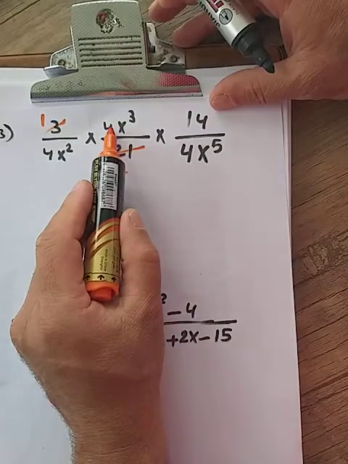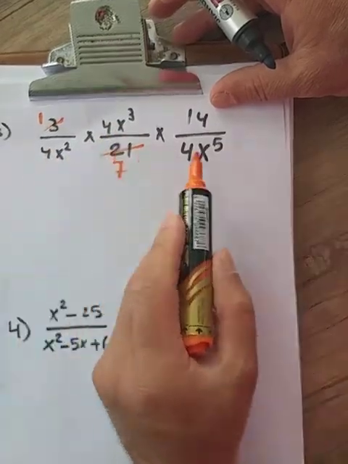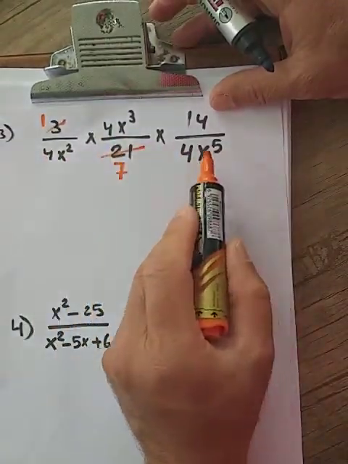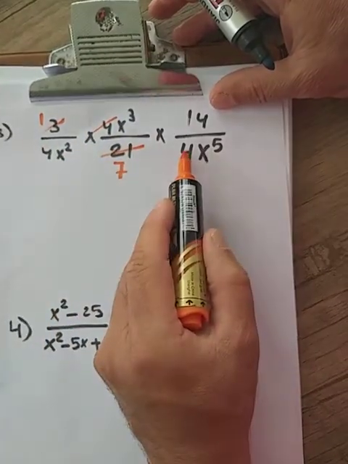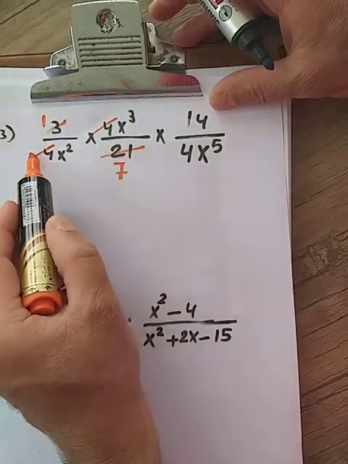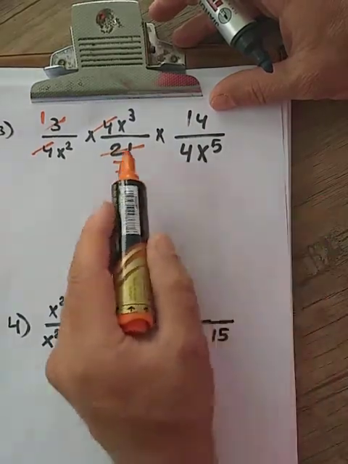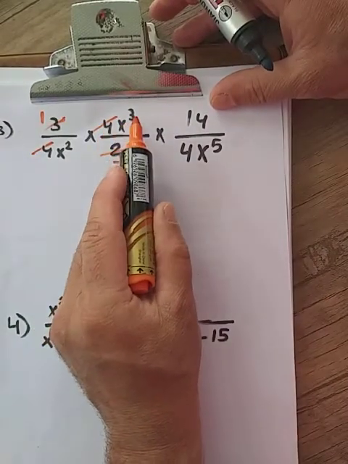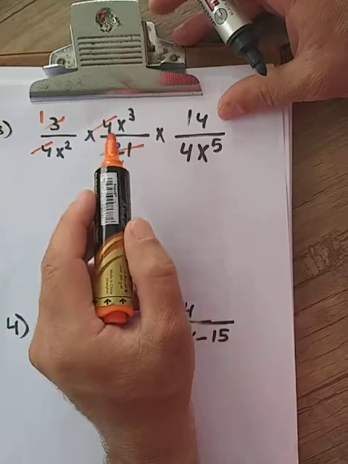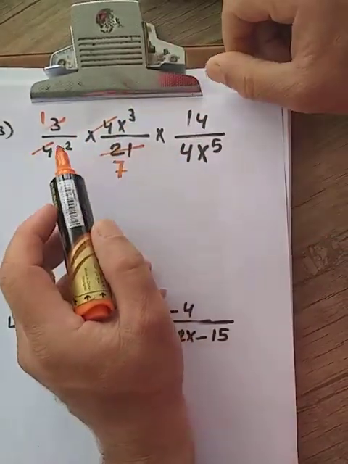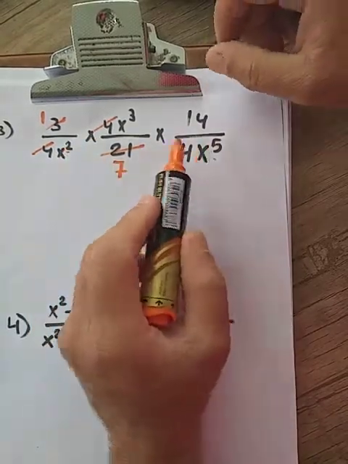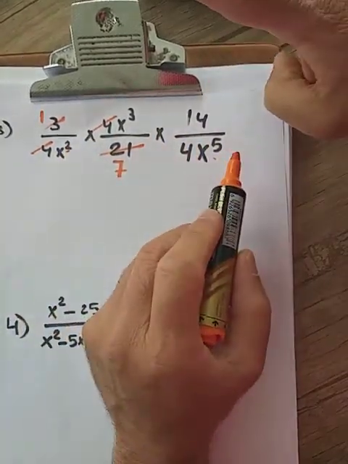After the 3 we have 4. Do you have 4 in the denominator? Look for 4 in the denominator. Yes, you can cancel this 4 with this one or this one, as you like. After this 4, we have x to power 3. How many x do we have in the numerator? 3. How many x in the denominator? 2 and 5, 7.